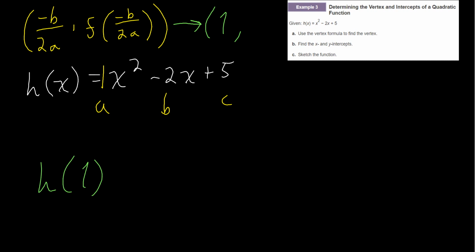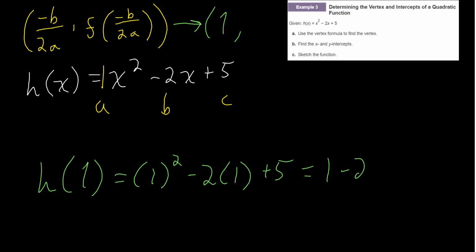We put 1 in for x, so we have 1 squared minus 2 times 1 plus 5. 1 squared is 1, minus 2 plus 5, which is negative 1 plus 5, which is 4. So 4 is the y coordinate.